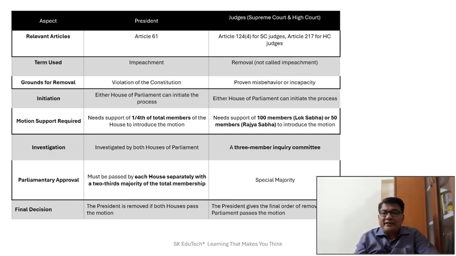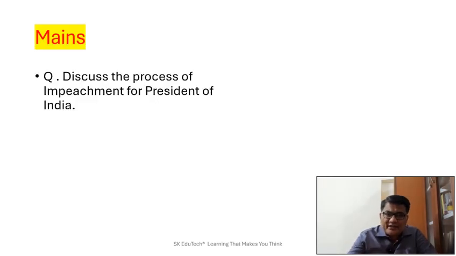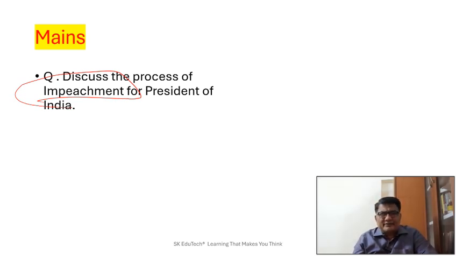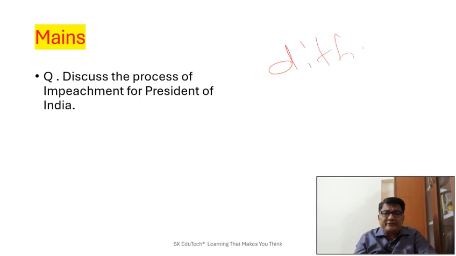Then comes the next question: why in newspapers or some media channels is the word used regarding judges impeachment? There are many possible reasons. I'm not saying that it is exactly so. It may be a generalized approach used by channels, or removal of judges is also difficult like that of the President.